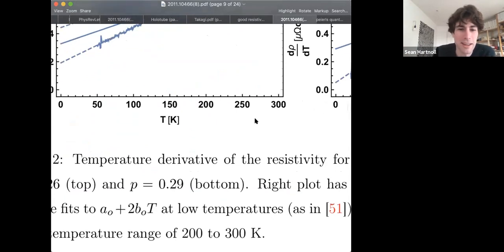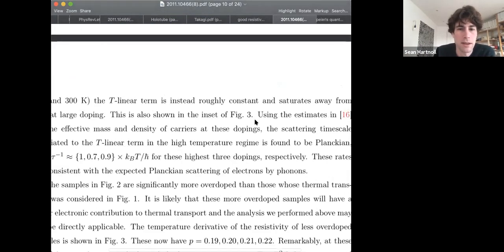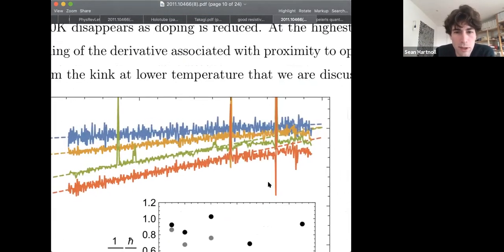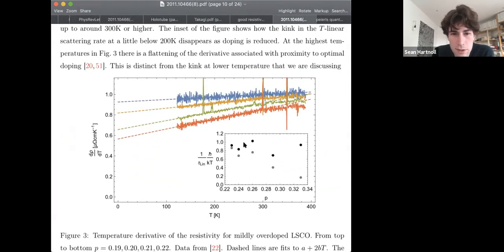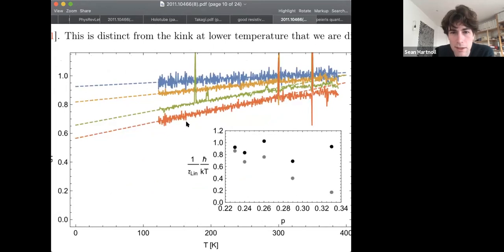That's what it is, and if you go to this, again, this looks like a pretty good one. I've seen worse straight lines than this one. And then this is the flattening. This is now getting close to the optimal doping. This is the flattening that Hussey talked about that we also saw in the Takagi data.